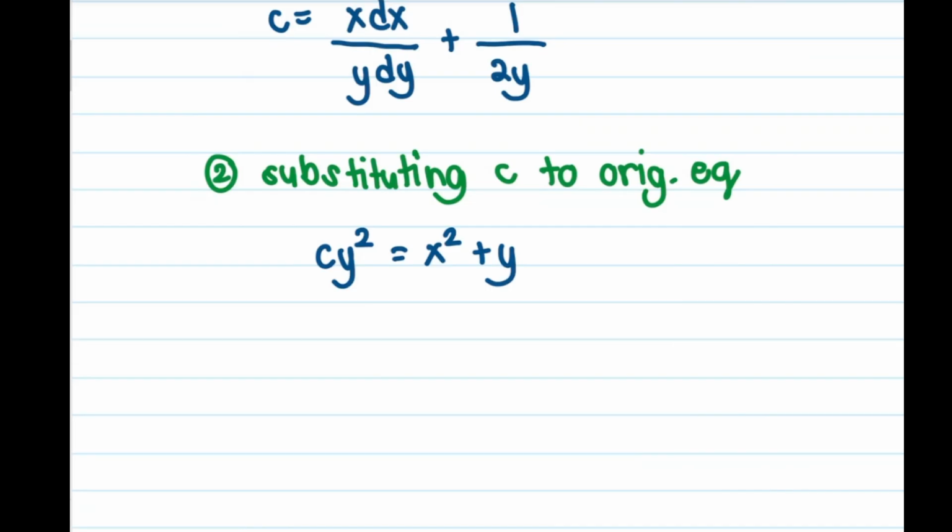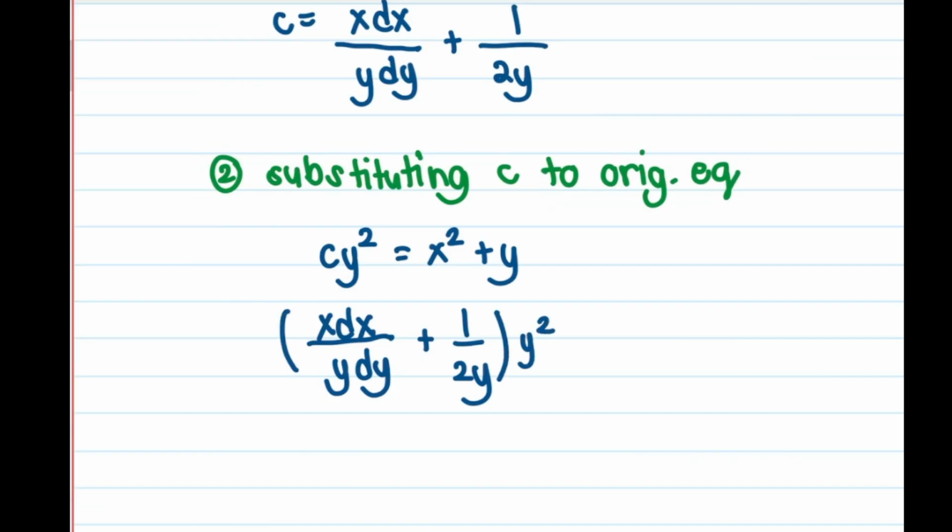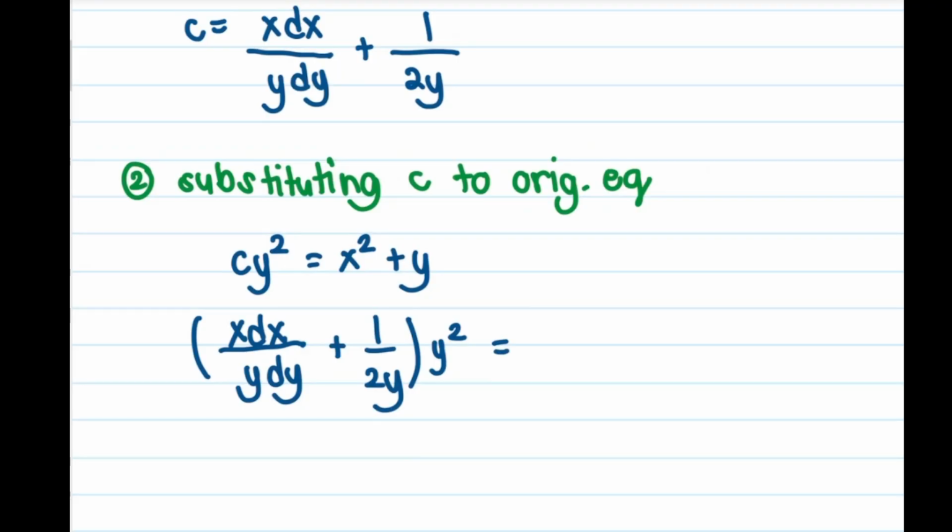If we substitute, it will yield this: x dx all over y dy plus 1 over 2y multiplied by y squared equals x squared plus y.